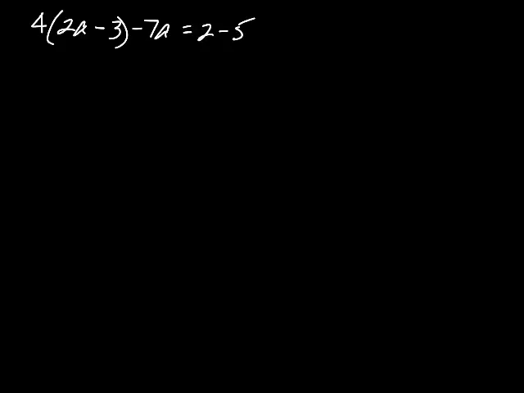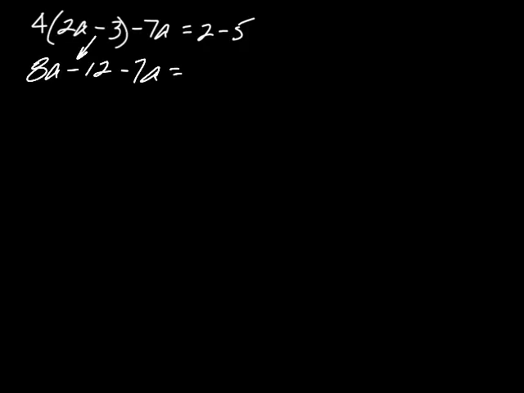Alright, so what we're going to do with this one is we're going to distribute that 4 to both of these numbers inside of here. And when we do that, we get rid of our parentheses. So I have 4 times 2 is 8, and then the a tags along. 4 times 3 is 12, and this negative sign is that one right there. Minus 7a equals, and I'm going to make, let's see, 2 minus 5.